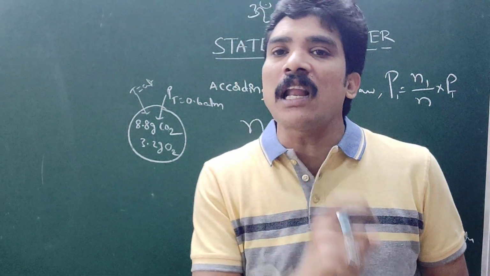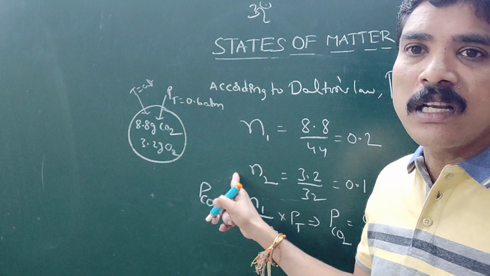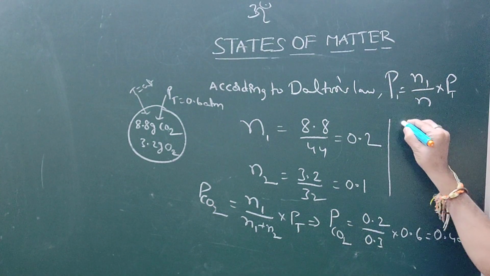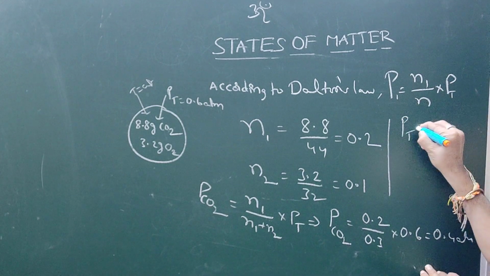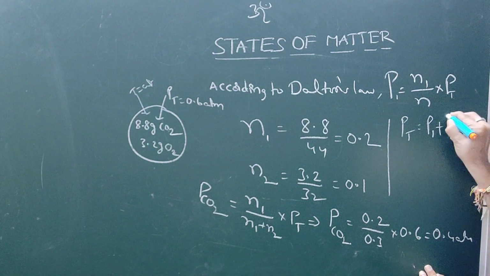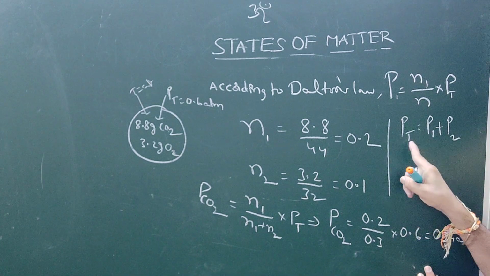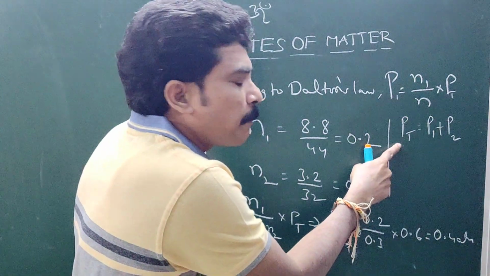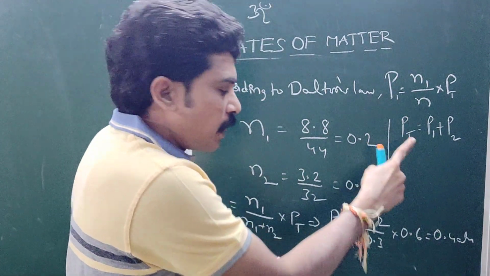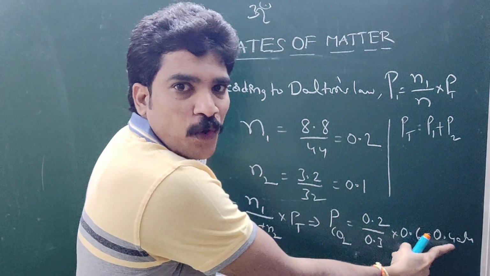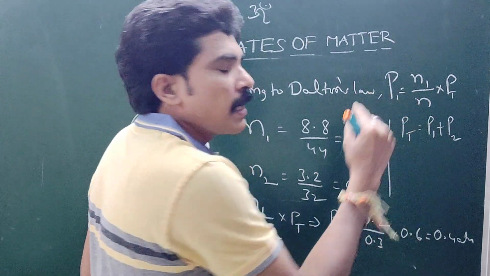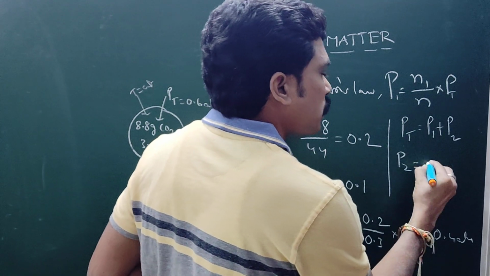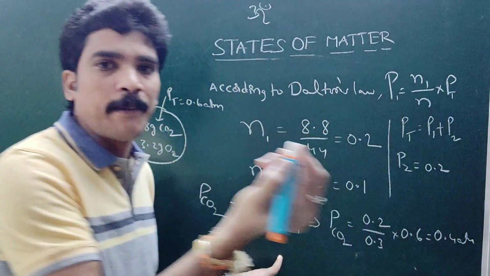According to Dalton's law, the total pressure PT is equal to the sum of the two partial pressures. PT is 0.6, one gas pressure is 0.4, and the other gas pressure P2 is automatically 0.6 minus 0.4, that is 0.2 atm.